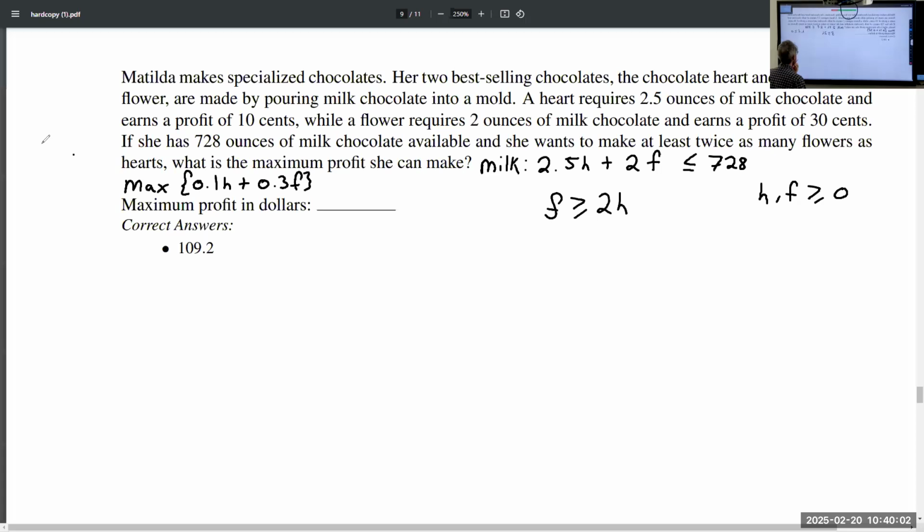Okay, so where's this thing going to lie? The questions are getting uglier as we go along. Does 728 divide well with 2.5?